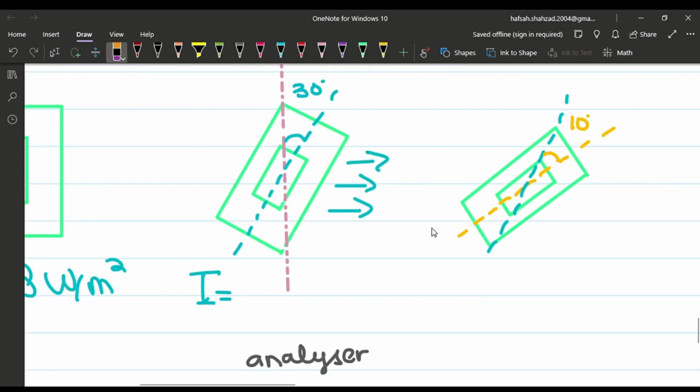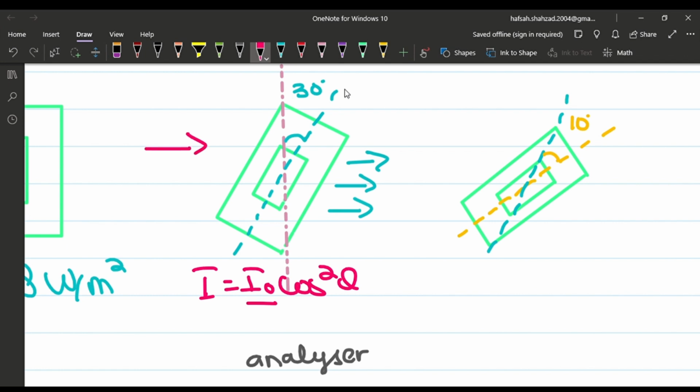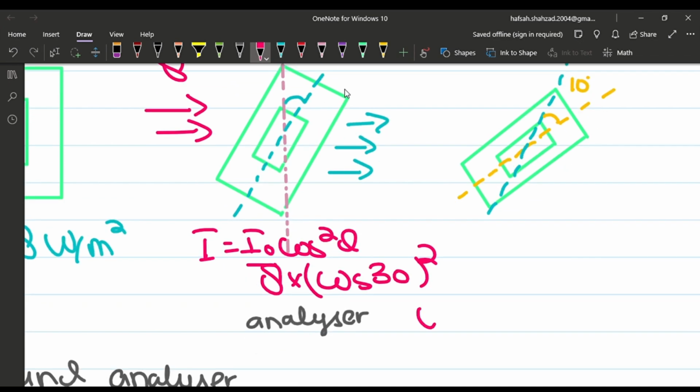So the formula goes by that. Let's use another color, pink. I equals I naught cos square theta. Now this I naught is the intensity of the light that is coming towards this polarizer. So this would be 8, not 16, mind you. So 8 into cos 30 squared.